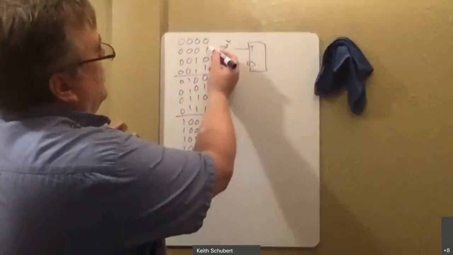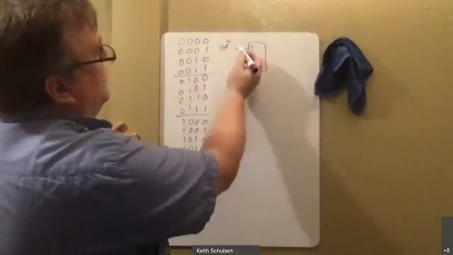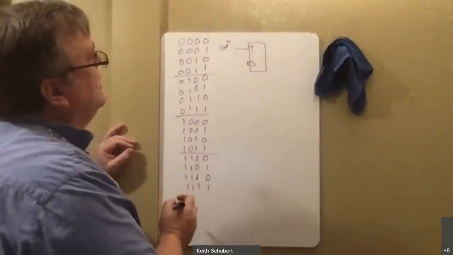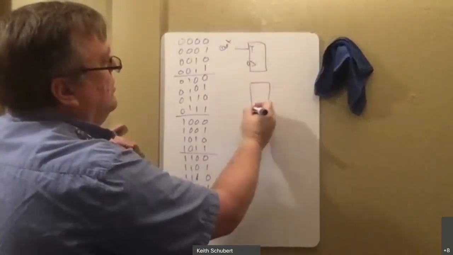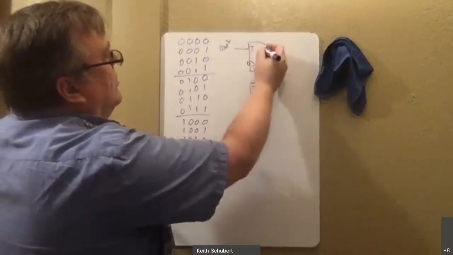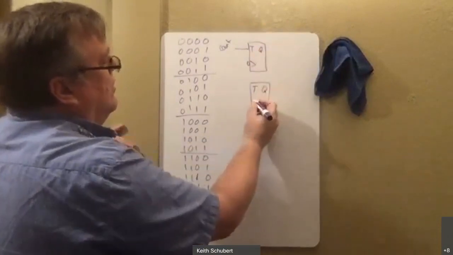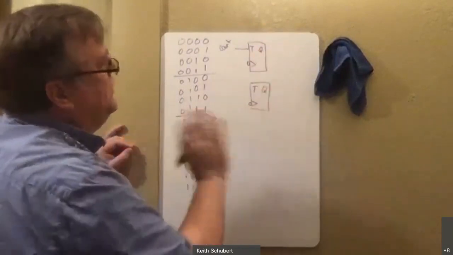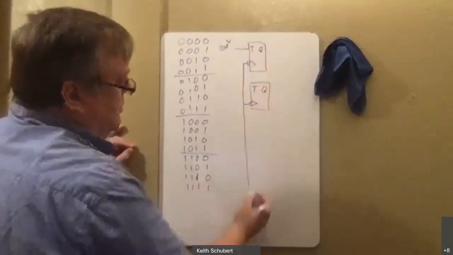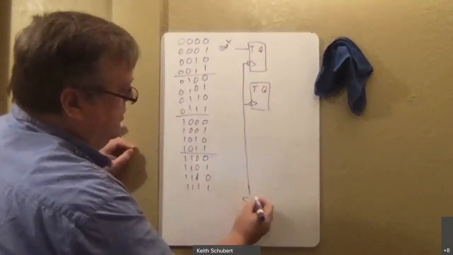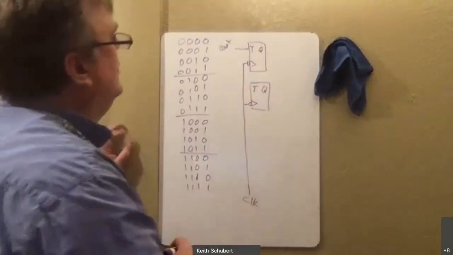So I want this to count every single time period a count signal comes in. I want this next one down here, and it's going to just be hooked up to the clock just like everybody else. Maybe I'll just draw a line to go into my clock.